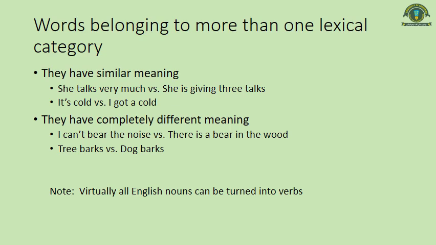Both are the same word, but the meanings are different. And then tree barks versus the dog barks. In the first sentence, tree barks is a noun, whereas in the other sentence it is working as a verb. So virtually all English nouns can be turned into verbs.